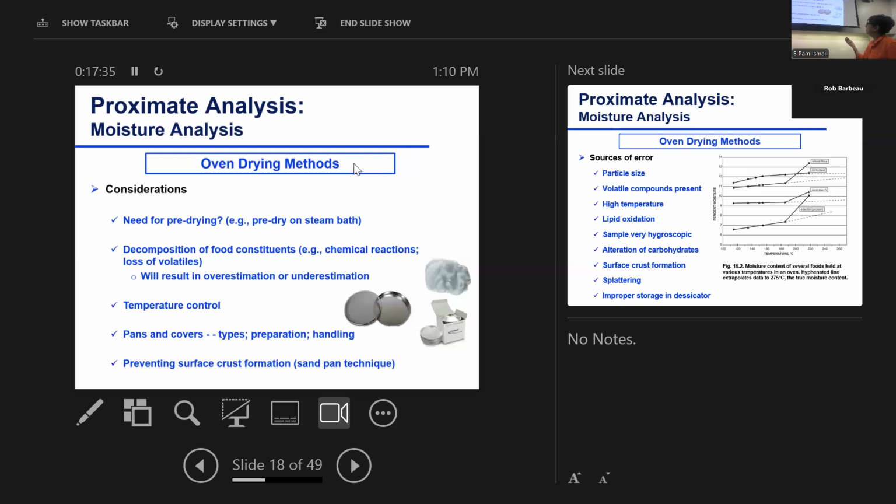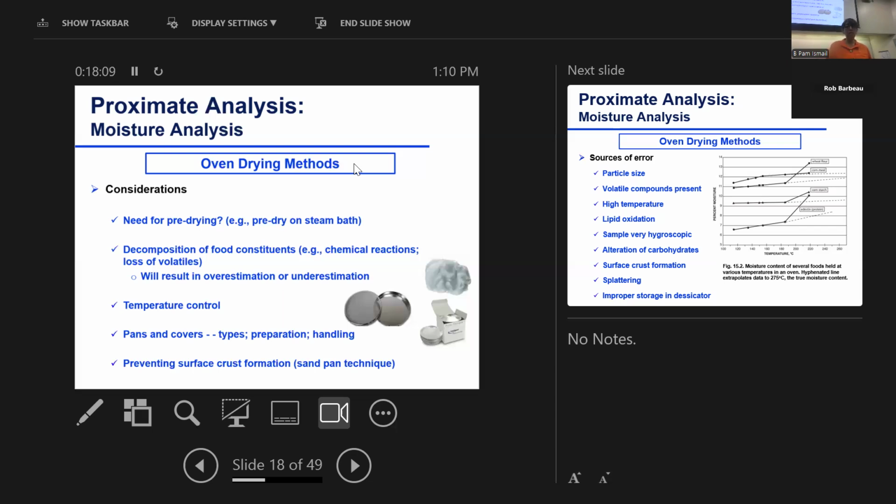If you put the cover on top, the moisture can still evaporate, but it will prevent loss of sample. In forced air, especially, you have circulating air, so some samples could be blown away from the container. Another thing you can use to prevent that, which you used in the lab, is glass wool. You put it on top of your sample to prevent it from being blown away.